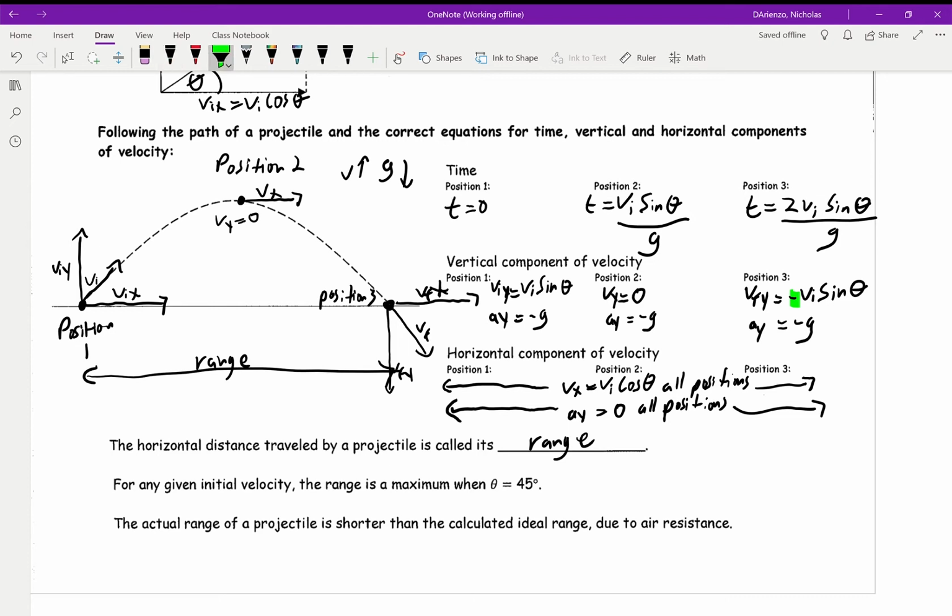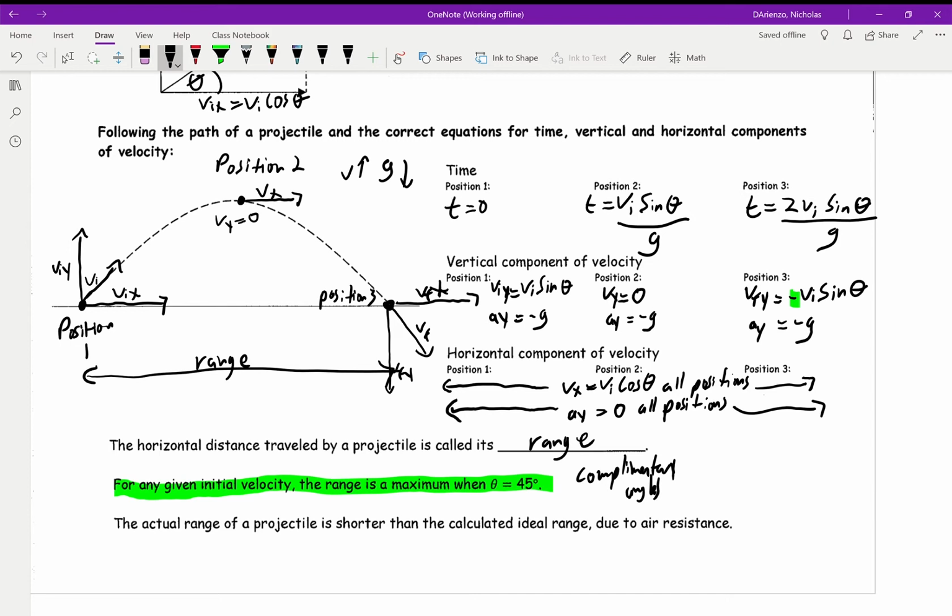This point here is important. For any given velocity, it doesn't matter what it is, the range is going to be maximum. We can achieve the farthest distance in the x when theta is equal to 45 degrees. Now, as long as we keep the speed the same, complementary angles will have the same range.